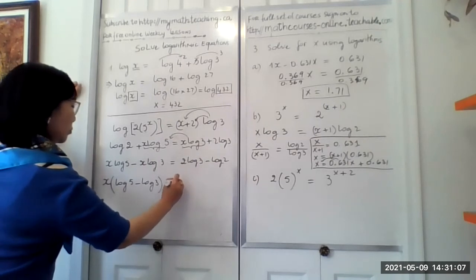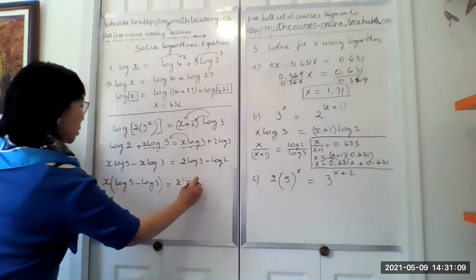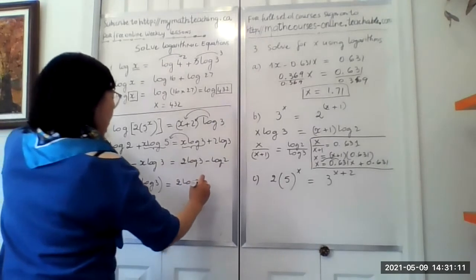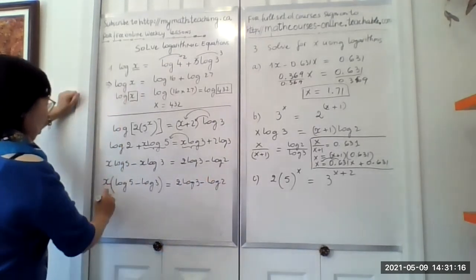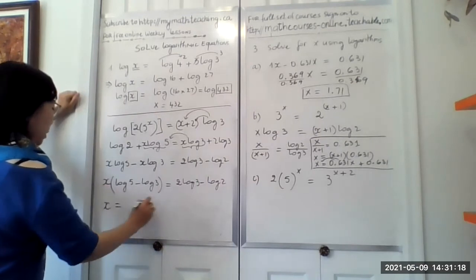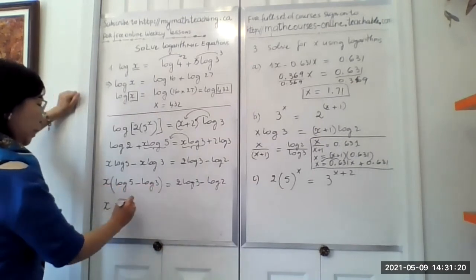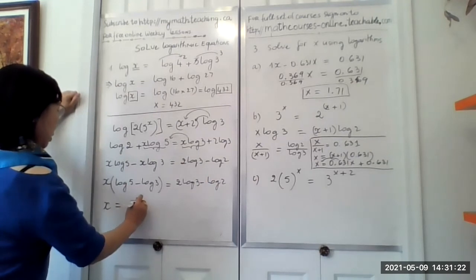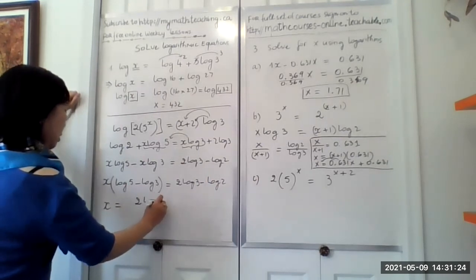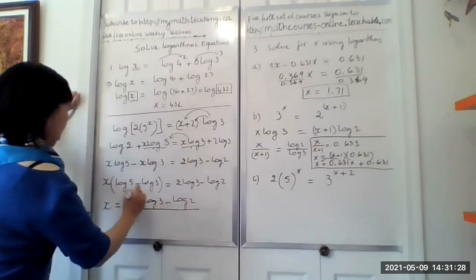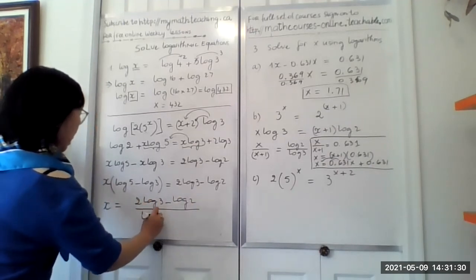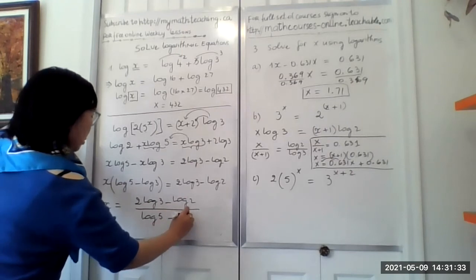2 log 3 minus log 2. So to solve for x, I will divide both sides by log 5 minus log 3. So I have 2 log 3 minus log 2 divided by log 5 minus log 3.